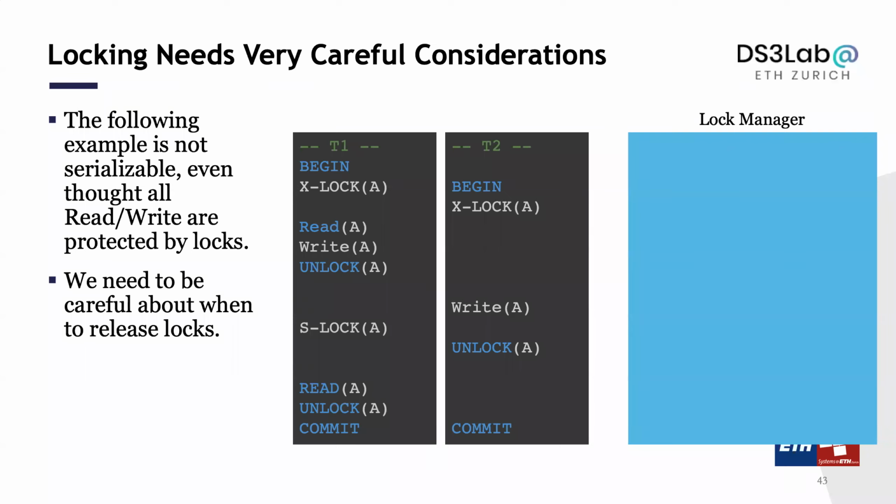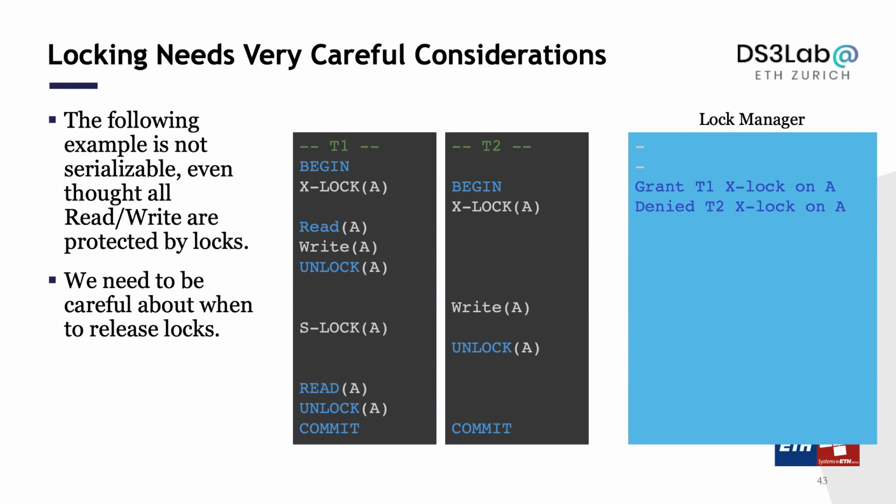In this example, I have T1 and T2. At the very beginning, T1 requests an exclusive lock on object A. Because no other transaction holds a lock on A, the lock manager grants it. Then T2 wants an exclusive lock, so it gets denied.